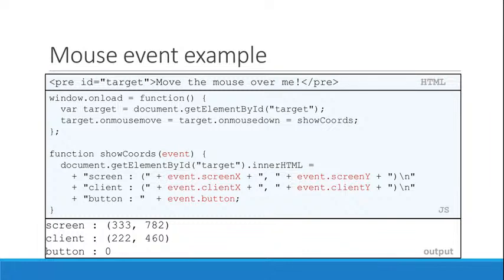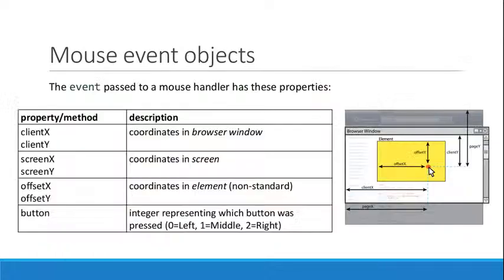So function showCoordinates(event), and document.getElementById("target").innerHTML is set to the screen coordinates, event.screenX and event.screenY, and the client coordinates, event.clientX and event.clientY. The event is the object that is passed to showCoordinates, and it has the details of the mouse event object that we have mentioned.